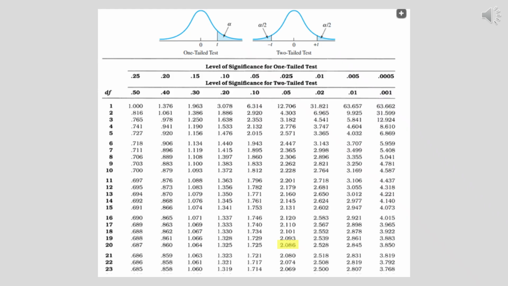If it's more extreme than 2.09, then you can say that it's in the rejection region or the critical region. You get to reject the null hypothesis, and you know that the probability of observing such a large or such a small, let's just say a more extreme, t value as the one that you observed would be less than 0.05, because we're in a more extreme region of the distribution.